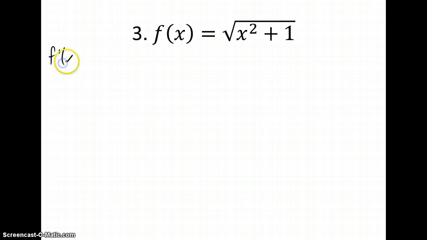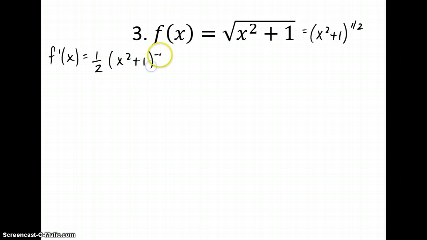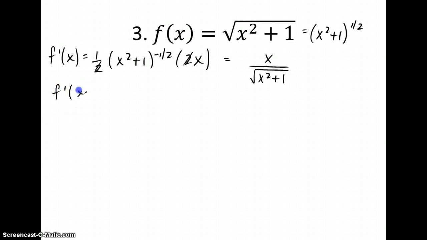Okay, first derivative. If you want to rewrite this as quantity x squared plus 1 to the 1/2 power, using the power rule first, and then using the chain rule, times 2x. The first derivative is equal to 0 when the numerator is 0, so when x is equal to 0.